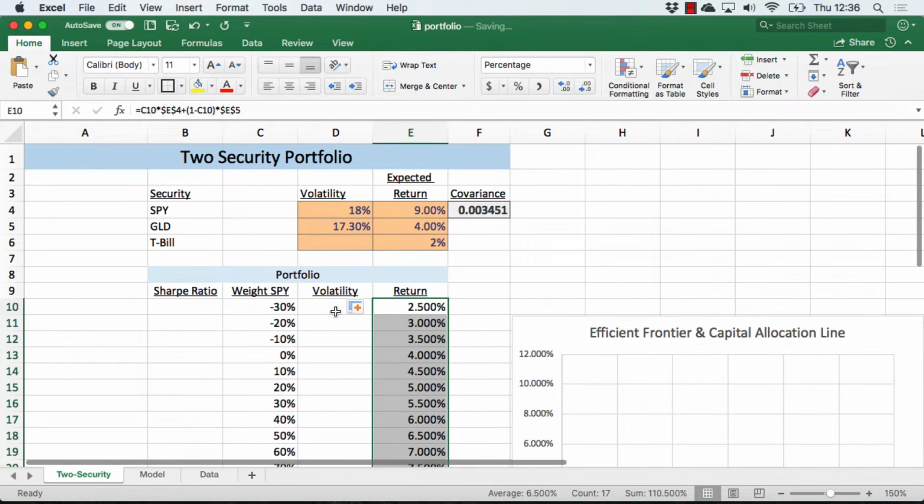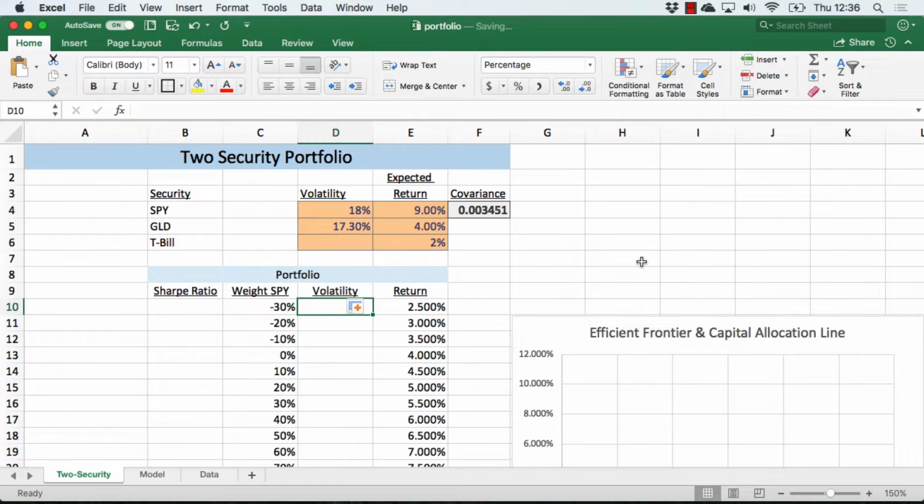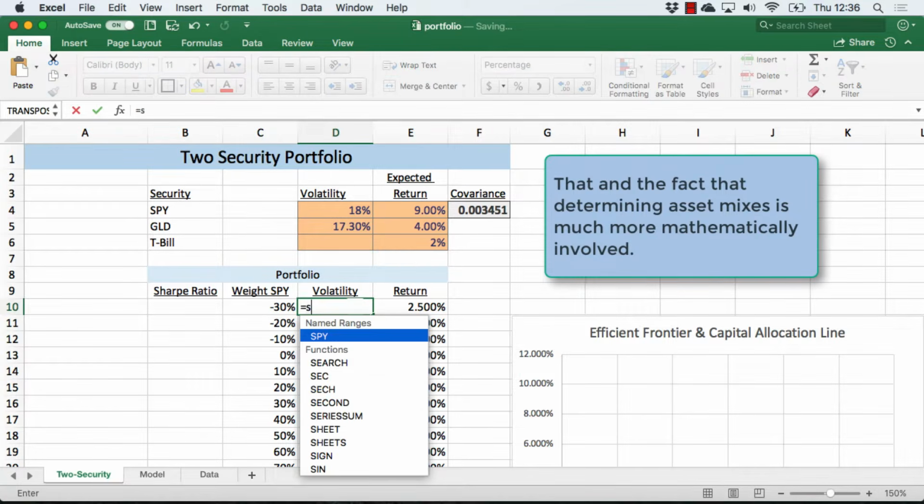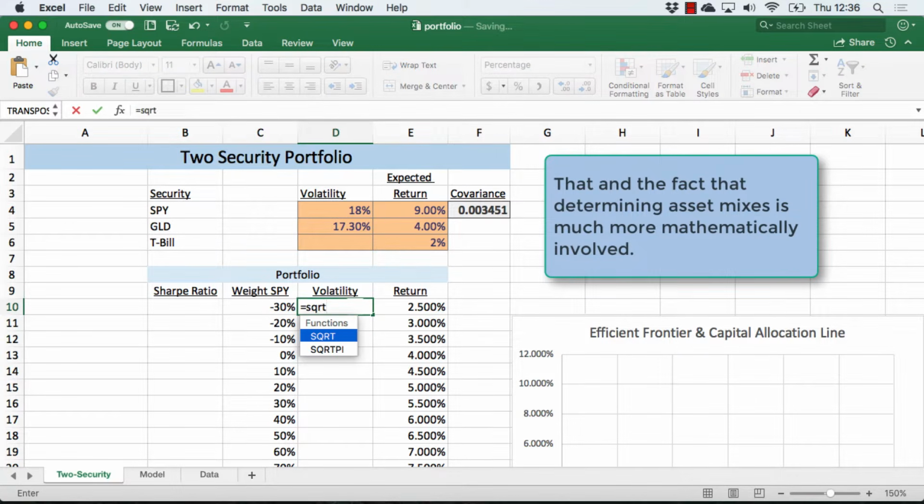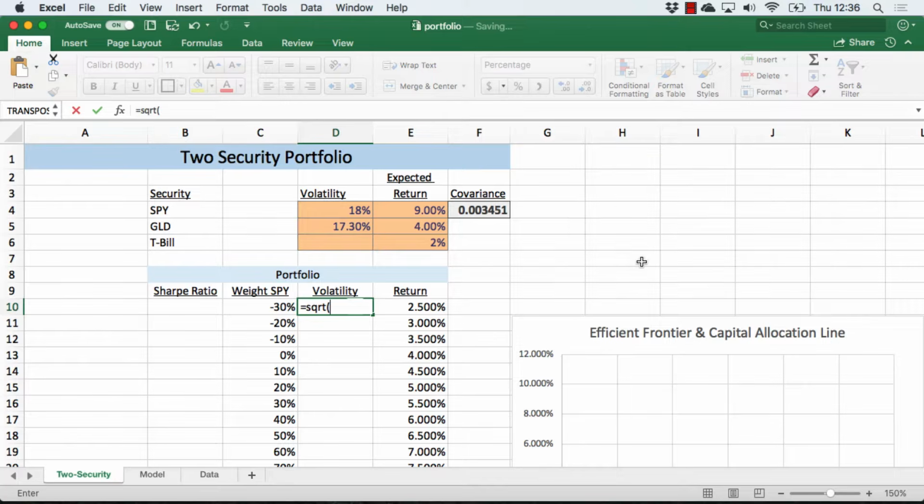So the volatility is a bit more complicated to calculate, and this is why textbooks generally only show you the two-security method. So to calculate it, what we're going to do is take the square root of the weights squared times the volatility squared. All right, so the weight squared times the variance.